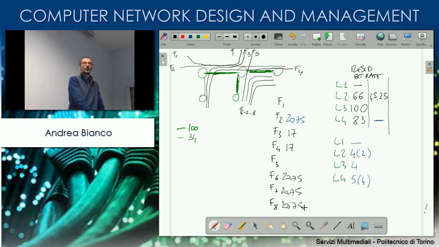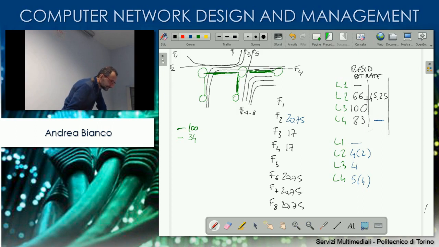You take this number, you divide by 4, and you get 20.75. You take 66, you divide by the number of flows, you get a larger number. You take 100, you divide by the number of flows, and you get a larger number. So the minimum is the one that saturates first. Is it clear? Okay. So the residual on link 3 is how much?